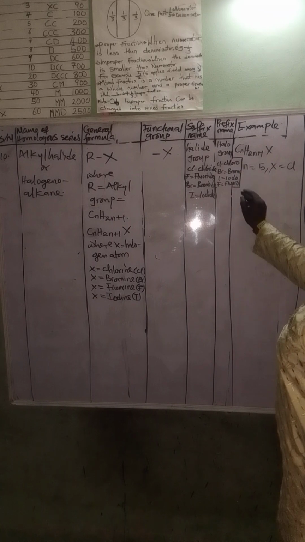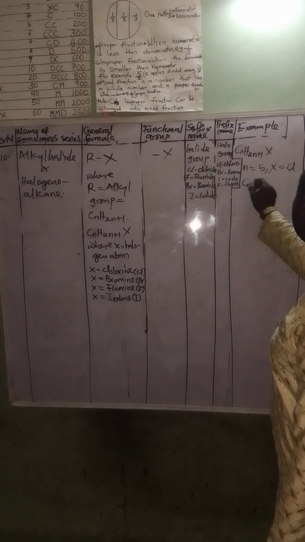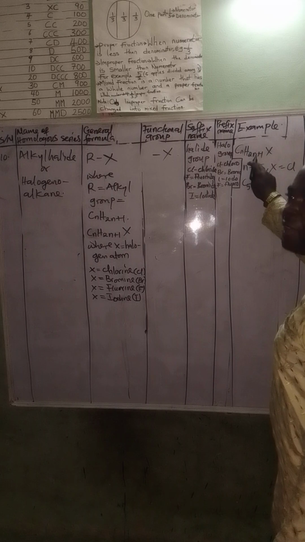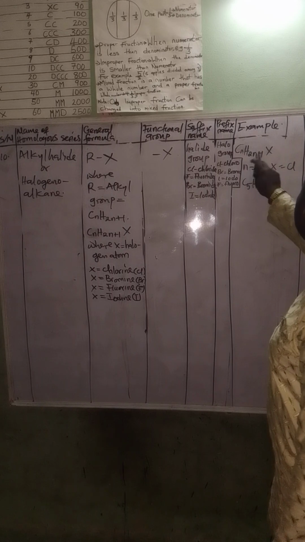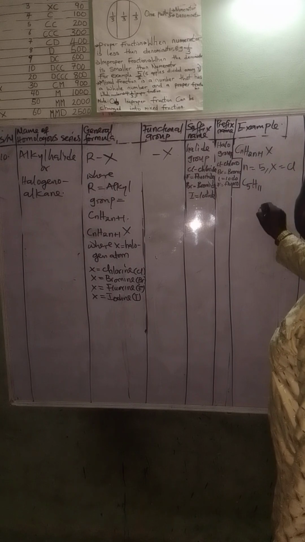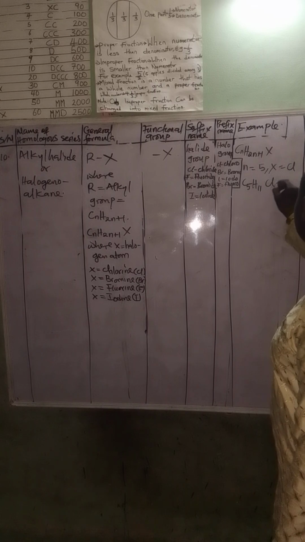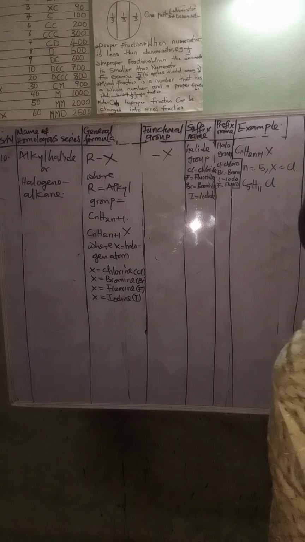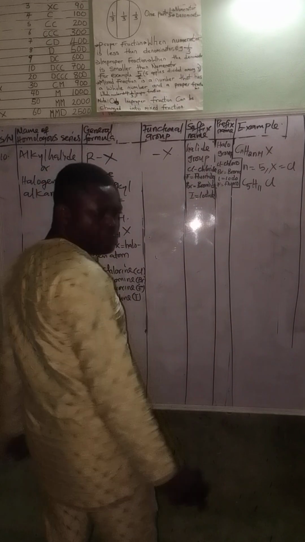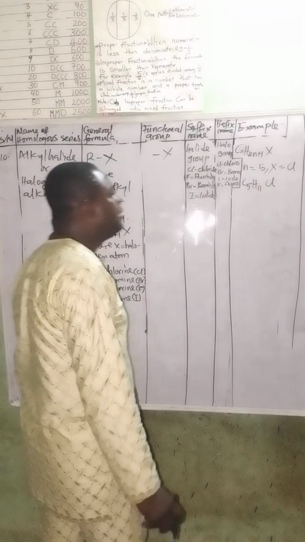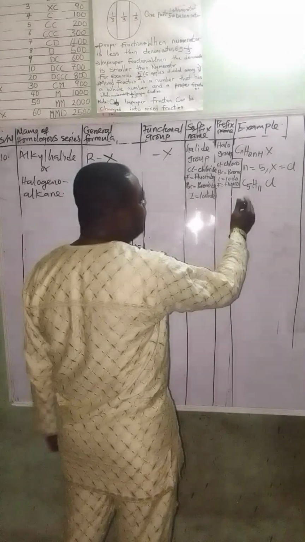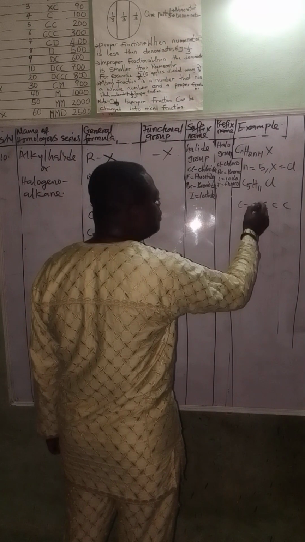Then put 5 here, you have C5. H, 2 times 5 is what? 10. That 10 plus 1 is 11. Then I have Cl. Now, this is the molecular formula. We can as well get the structural formula. Draw the 5 carbons, 1, 2, 3, 4, 5. Put single bond.